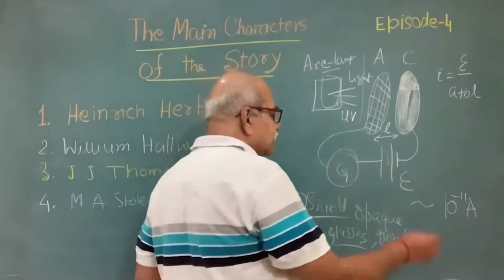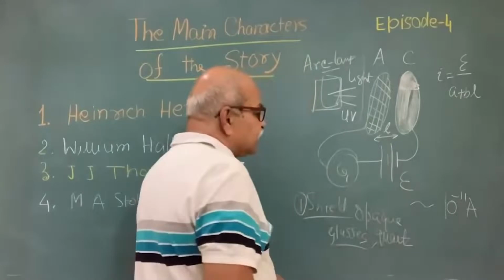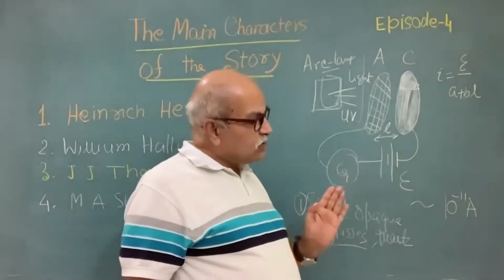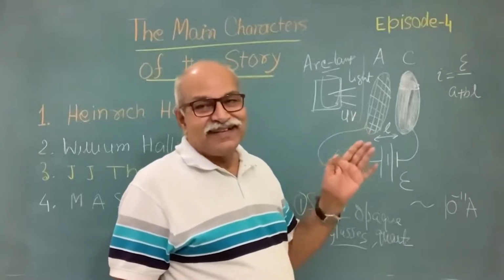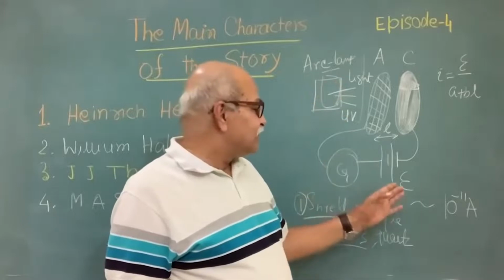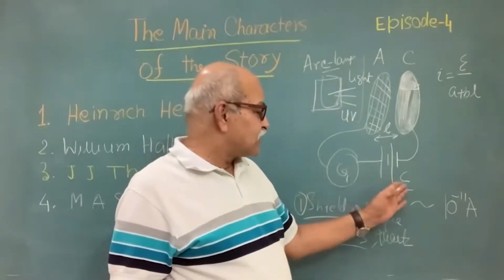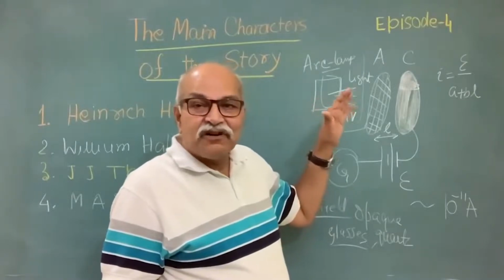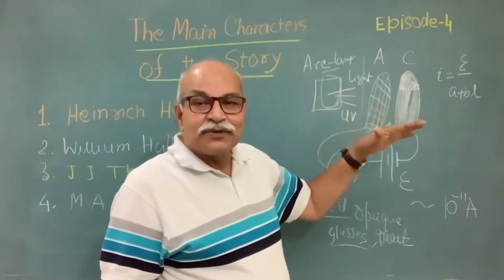He says that initially, when E is small, it's almost proportional. It increases proportionately. But once it assumes some larger value, after that the rate of increase of current slows down.